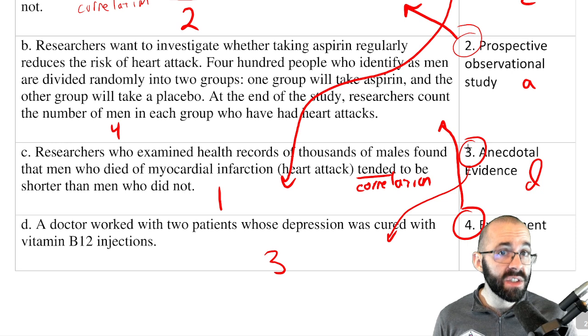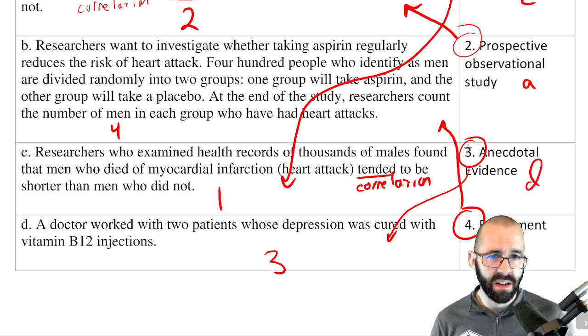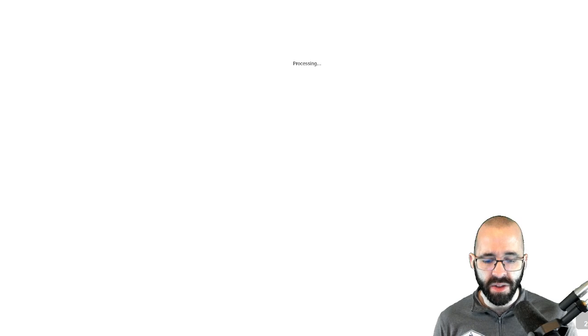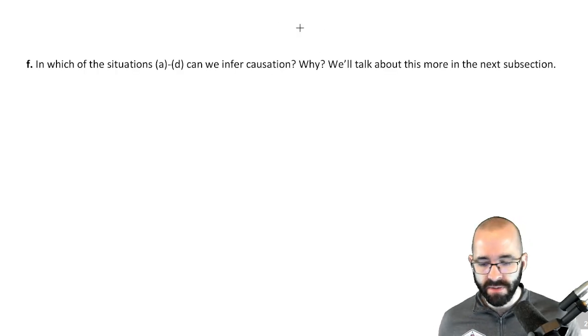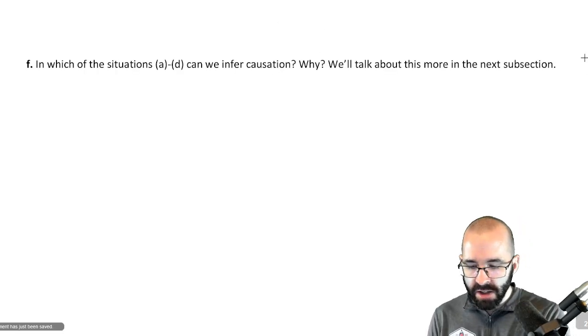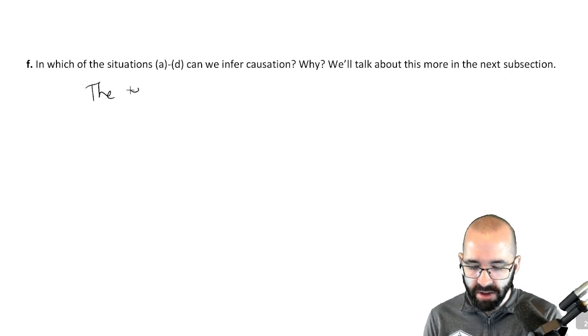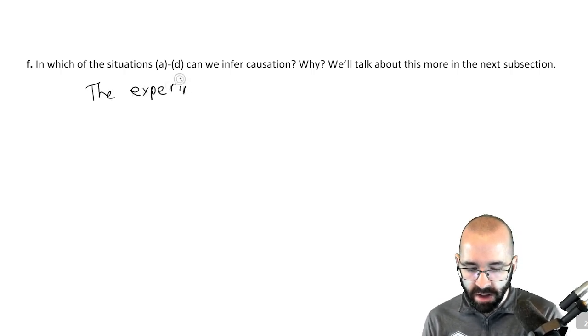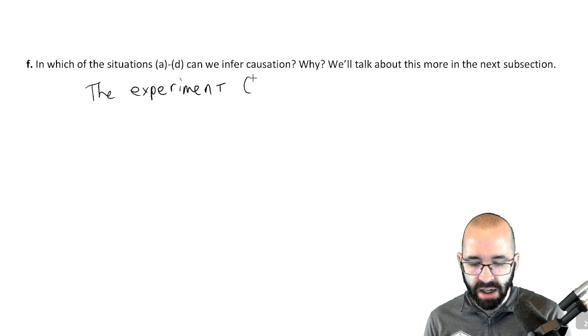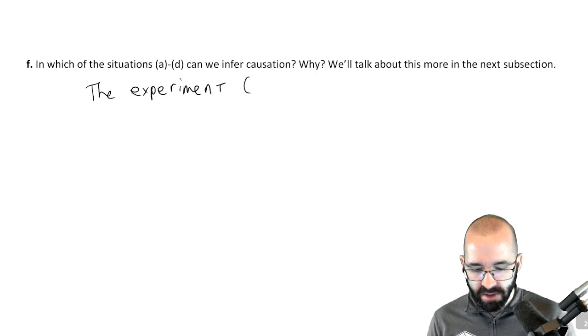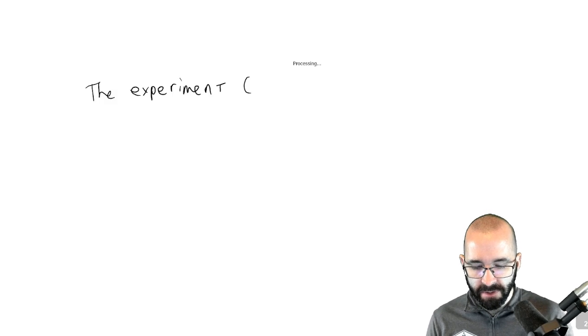It might get you interested in a topic, but it's not proof of anything. Observational studies show correlation. It's only an experiment, though, that will show causation. We're only going to say the experiment, which was letter B, I believe. Yeah, letter B.